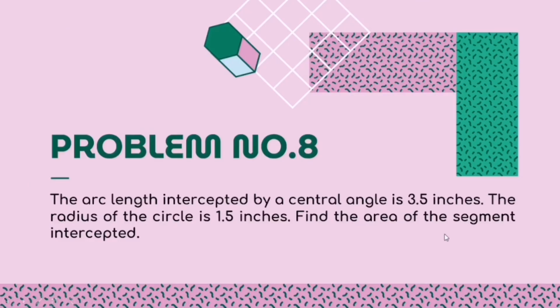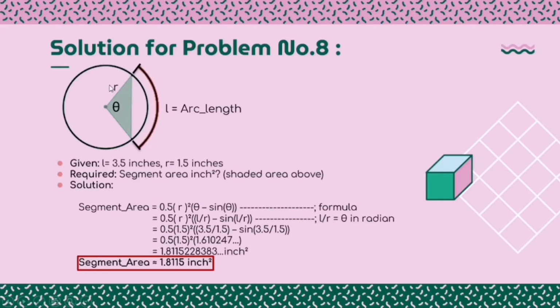Problem number 8. The arc intercepted by a central angle is 3.5 inches. The radius of the circle is 1.5 inches. Find the area of the segment intercepted. This is the radius, theta is the angle, L is the arc length. Arc length L is 2.5 inches, R is 1.5 inches, and the requirement is the segment area in square inches, which is the shaded area.